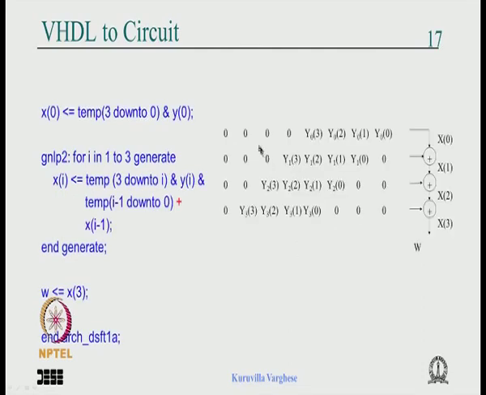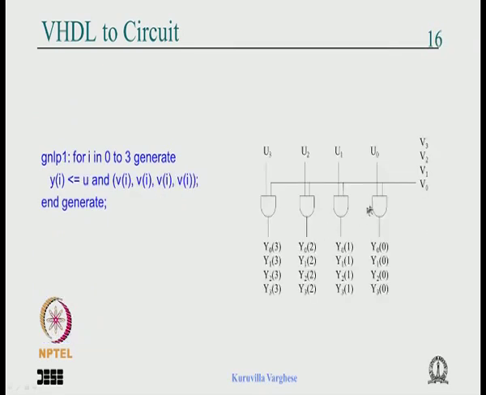Now you are forming all zeros, then put the y0, then a shifted version of y1 is added together, then a shifted version of y2 is added to it and a shifted version of y3 is added to it and you get w. So you are getting the point, it is nothing but shift and add, like multiplying, and this is nothing but forming the partial product.